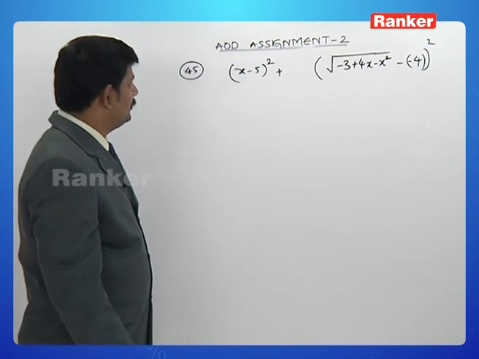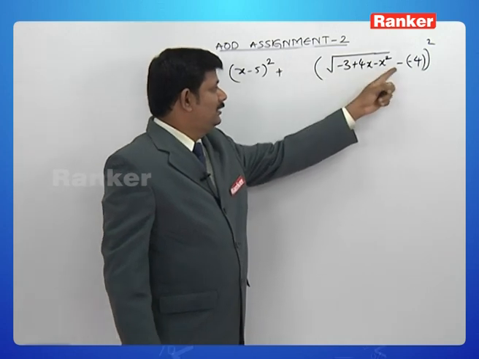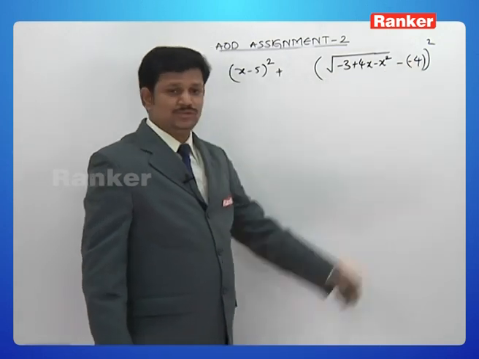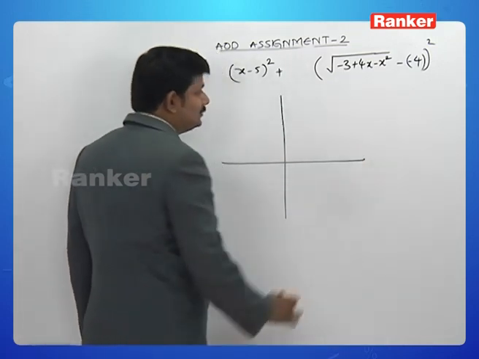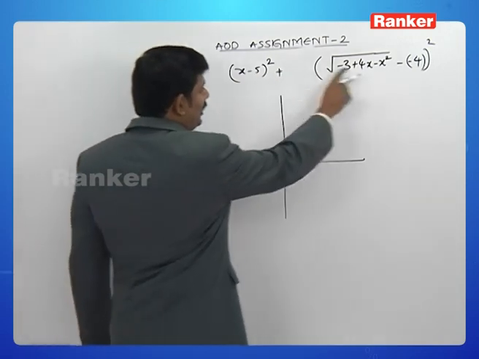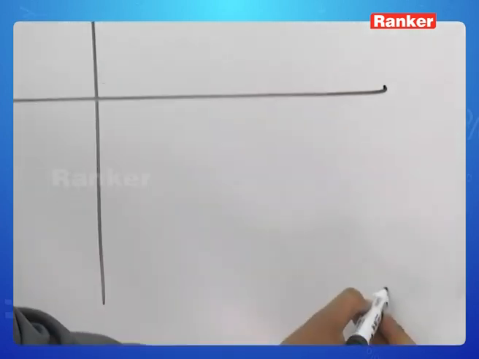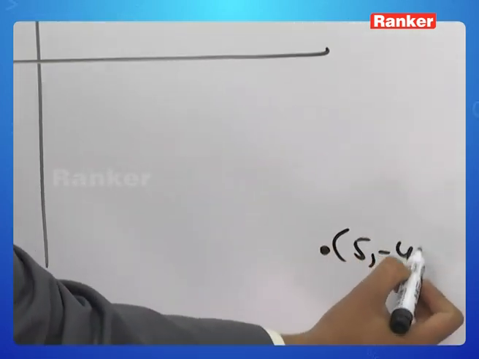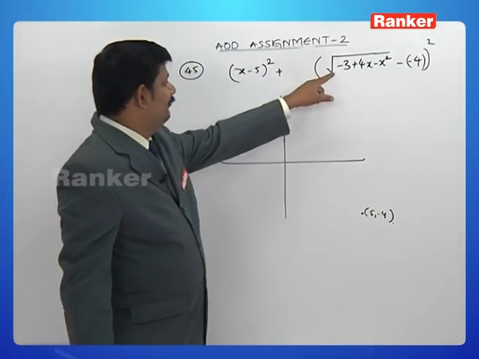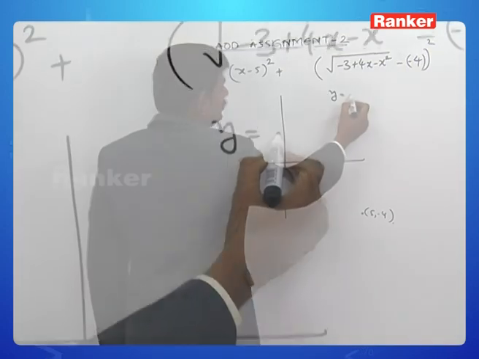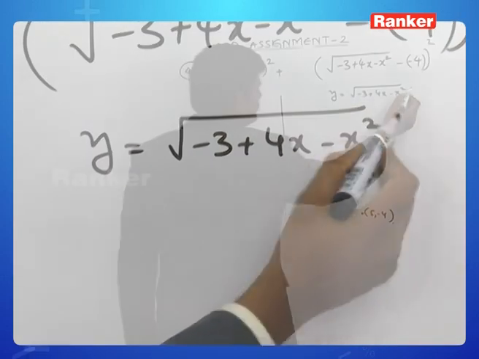So, x minus 5 whole square plus y minus minus 4 whole square is nothing but the distance between 2 points. One is 5 comma minus 4, x coordinate is 5, y coordinate is minus 4, some point away somewhere here, and a point on the curve y is equal to root over minus 3 plus 4x minus x square.